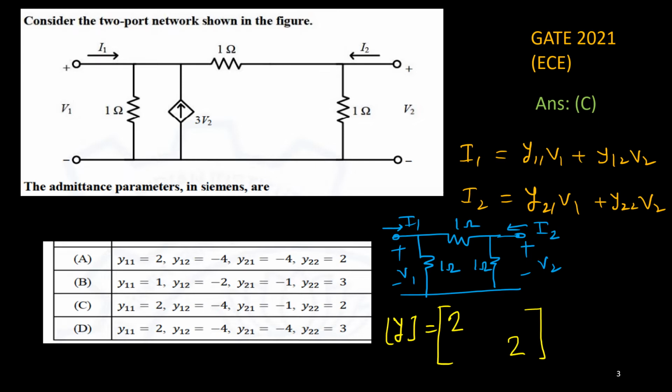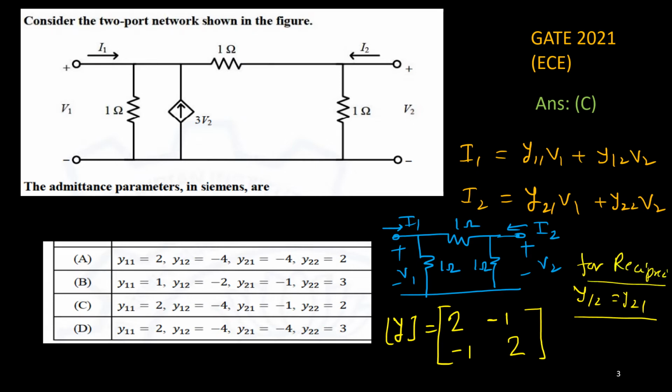Now Y12 and Y21 are transfer admittances, and those are with respect to this middle one. The middle one is 1 mho, so negative sign of that, so minus 1 mho, and it is also minus 1 mho. It is fully resistive, thus it is reciprocal, and if it is reciprocal, then Y12 should be equal to Y21.